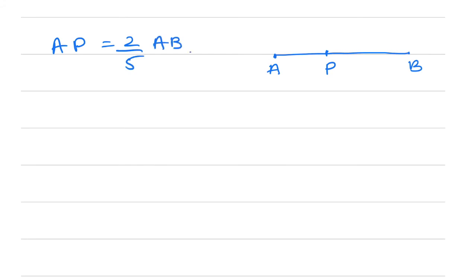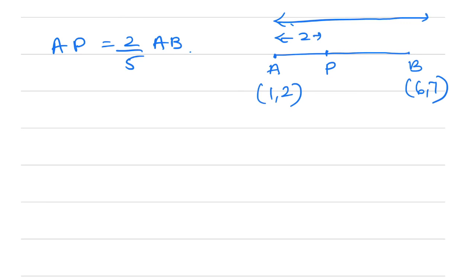So the coordinates of A are 1 and 2. Coordinates of B are 6 and 7. Now this is 2 in the ratio and this is 5, so the remaining part will be 3. So therefore I can say AP is to PB is equal to 2 is to 3.